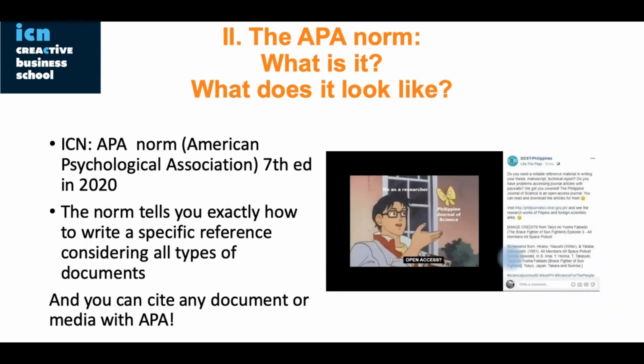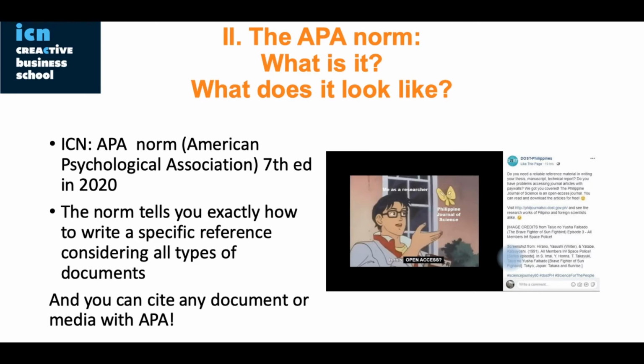So here we'll focus on the APA norm that we recommend using at ICN. So what is it and what does it look like? The APA norm stands for the American Psychological Association norm, and they released in 2020 their 7th edition. It also comes in the form of a book, which you can also find at the library, by the way.